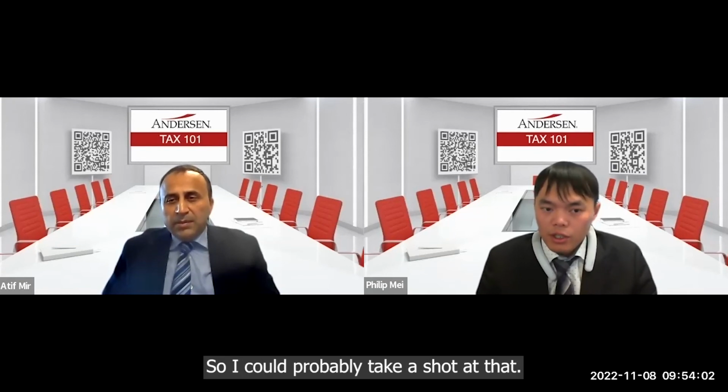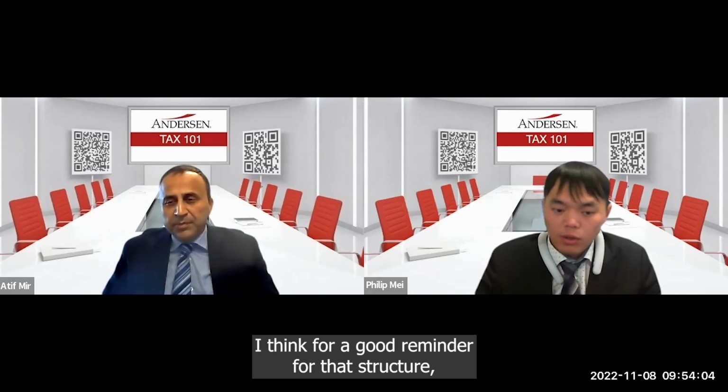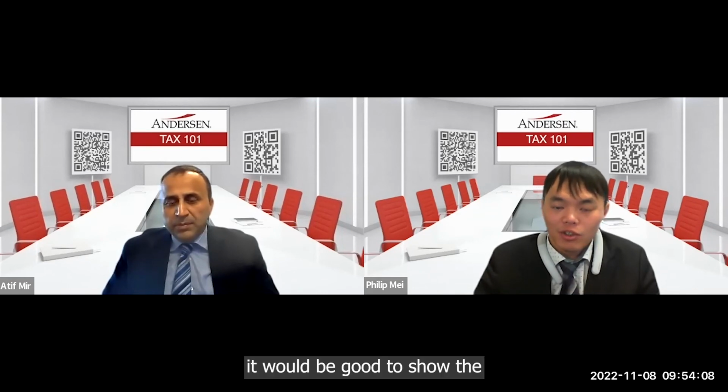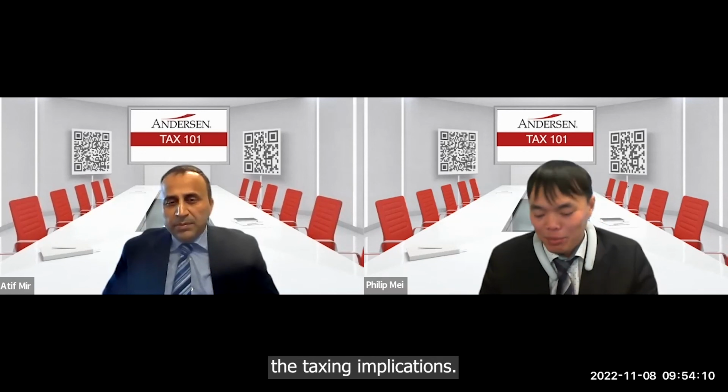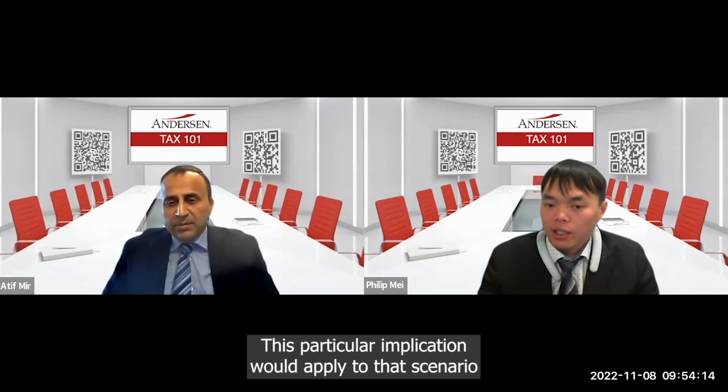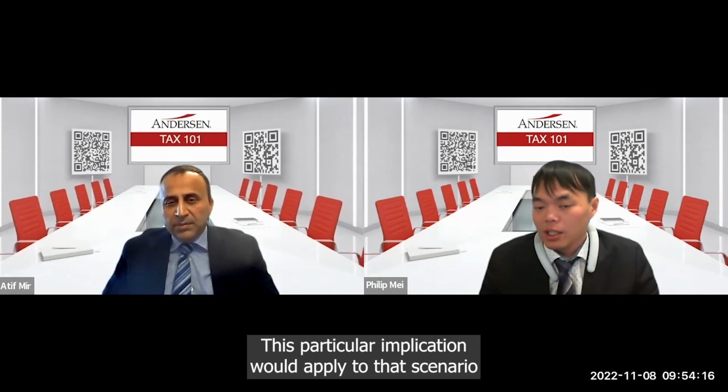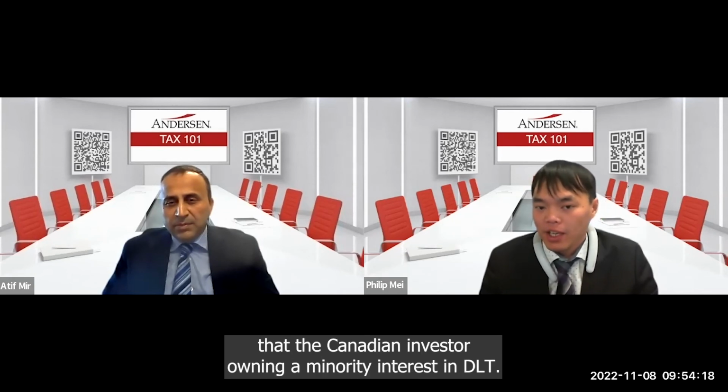So I could probably take a shot at that. I think as a good reminder for that structure, it would be good to show the tax implications. This particular implication would apply to that scenario of the Canadian investor owning a minority interest in the LLC.